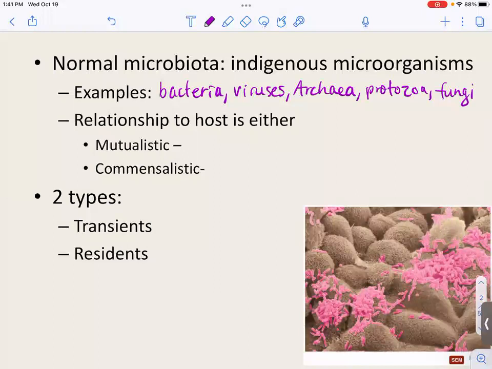Of course, those cells are a lot smaller than our cells, but we can describe our relationship to these microorganisms as either mutualistic or commensalistic. So if we say they're part of our normal microbiome, then we kind of assume that they're not harming our health. They're just kind of there, hopefully helping us. If it's a mutualistic relationship, that means both organisms benefit from the association.